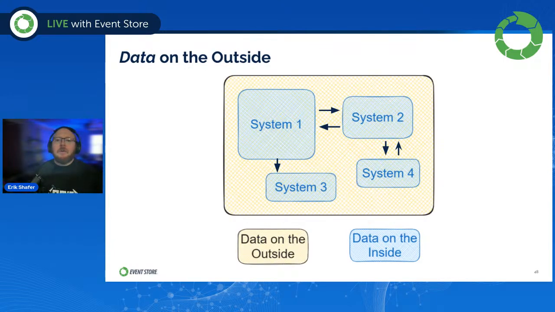So when systems communicate with each other, and it may be applications, it depends on your use case, those are considered outside events or outside data, right? So they're going outside of their bounds to communicate with whatever they need. So there's data on the inside when you're talking about a specific context or system. Again, it depends.